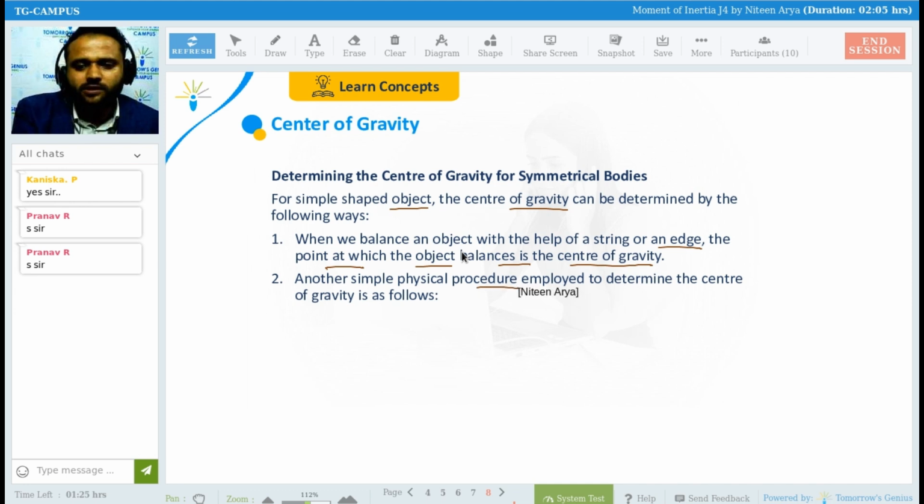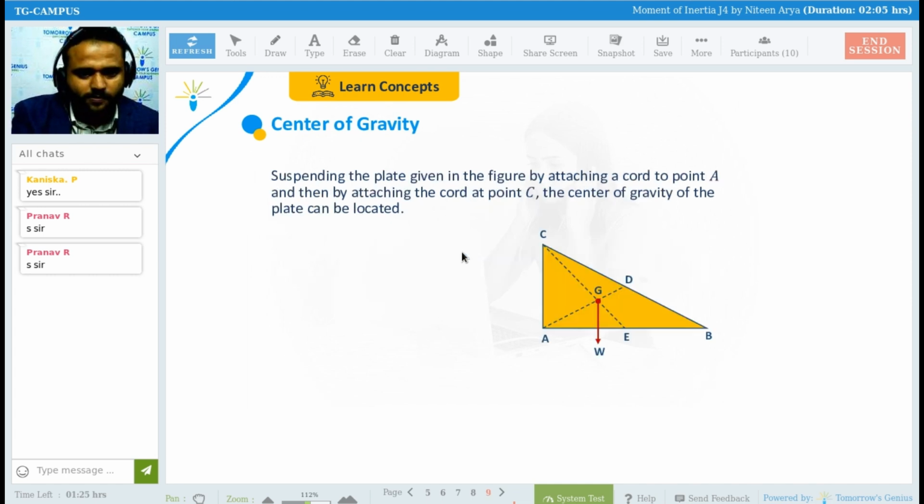Another simple physical procedure employed to determine the center of gravity is as follows. Suspend this particular plate given in the figure by attaching a cord to a point A, and then attaching the cord at point C, and so on.